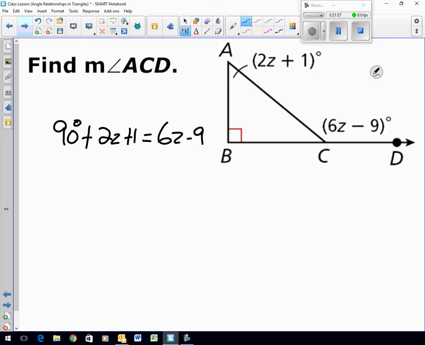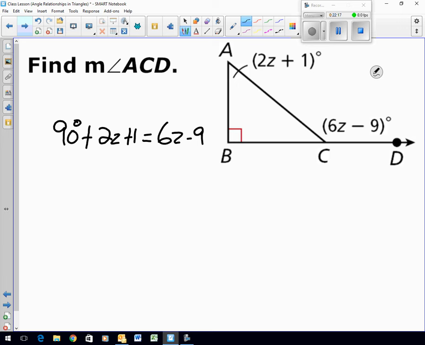I've got to take that principle and put it into an equation. I do that by saying this is 90 degrees, this is 2z plus 1 degrees, and together, added together, that has to equal 60 minus 9.